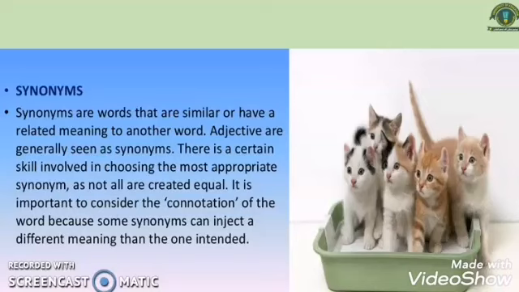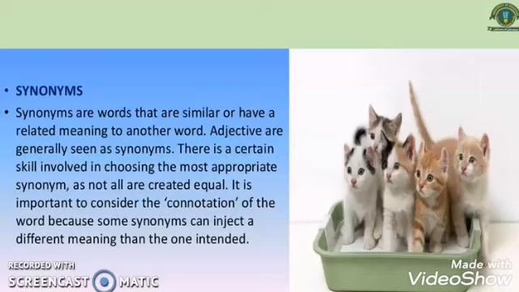Suppose I give you an example where the word give is used repeatedly: she gave me a piece of paper, she gave me a pen, she gave me a glass of water, she gave me a couple of times. Such words look odd, one word used again and again. So we try to identify a word which will be an alternate of the given word.